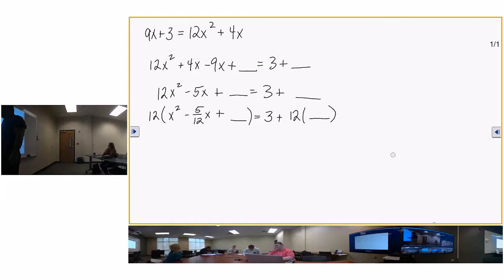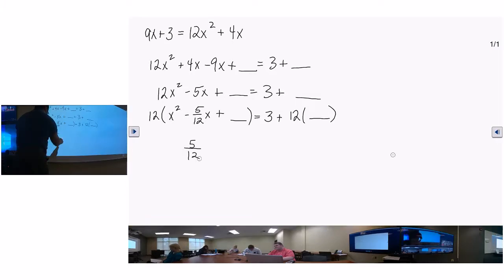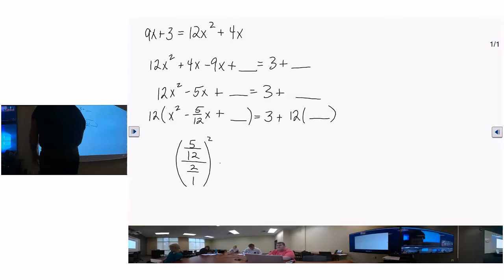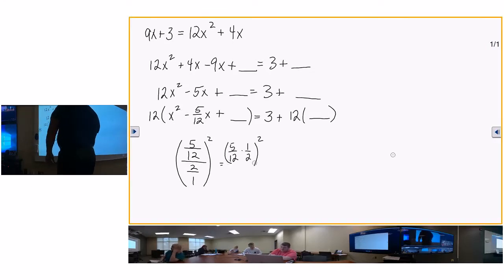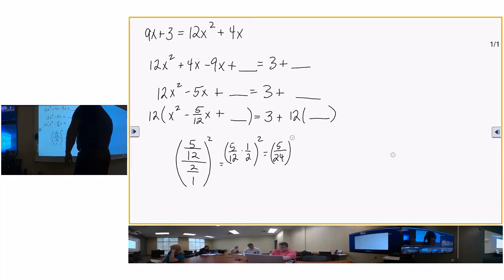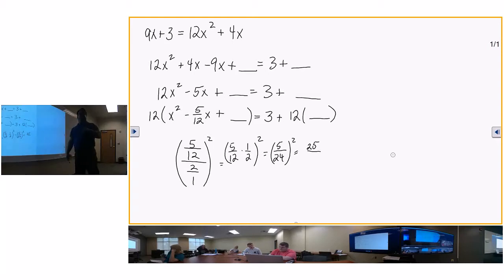I'm going to take b and divide it by 2 and square it. 5 divided by 12 multiplied by 1 over 2 is 5 over 24. Multiplied by itself is 25 over, well, I know 25 squared is 625, so 576. Yes, that's right.